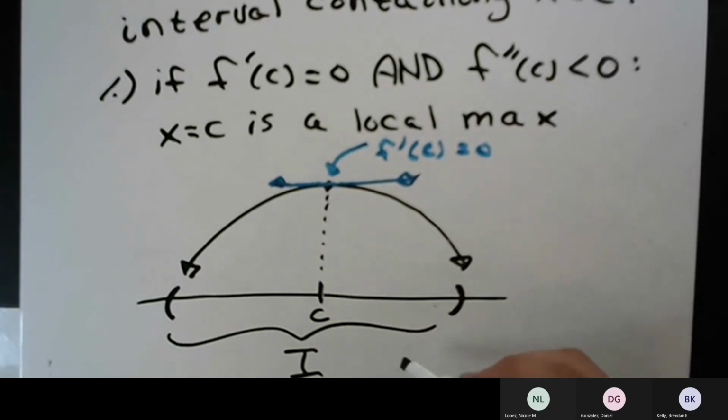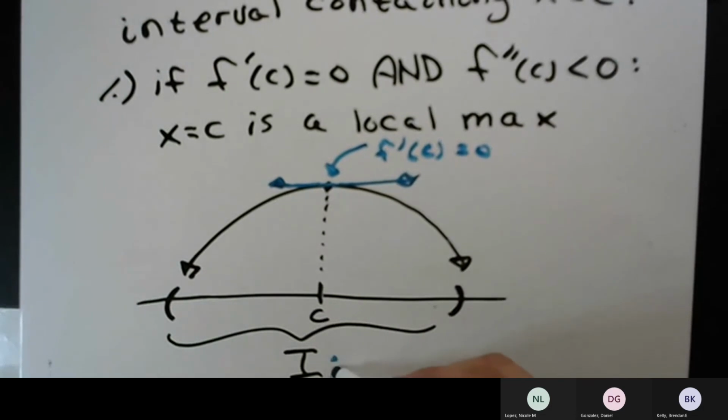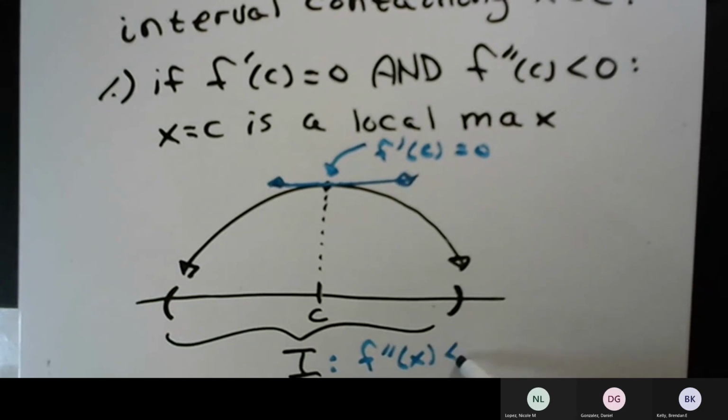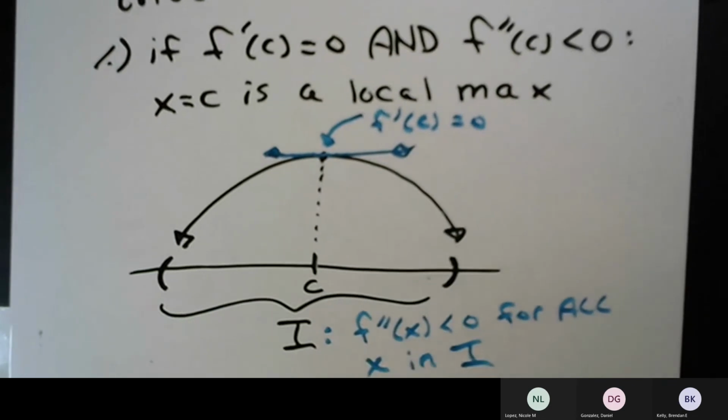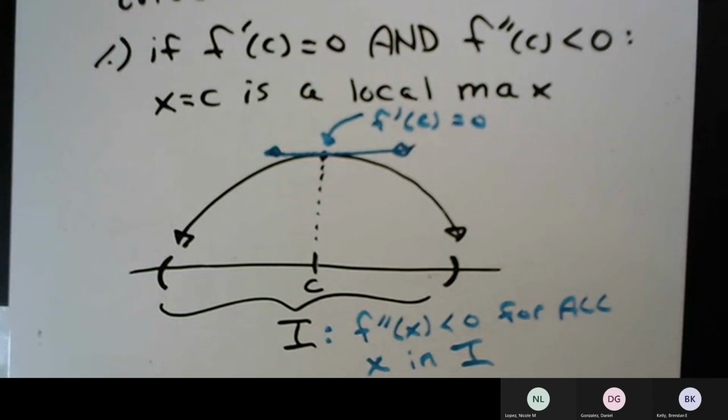And on interval I, f double prime of x is less than 0 for all x in I. So that's what we're looking at.